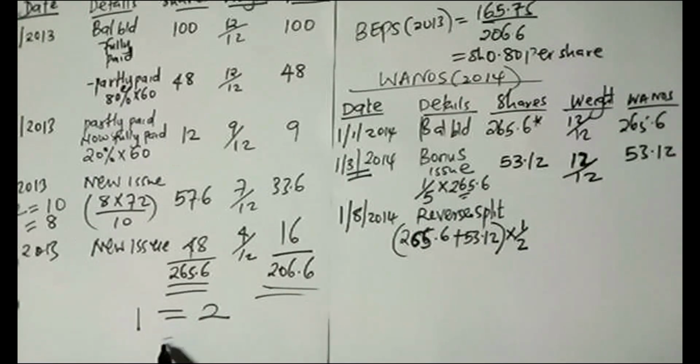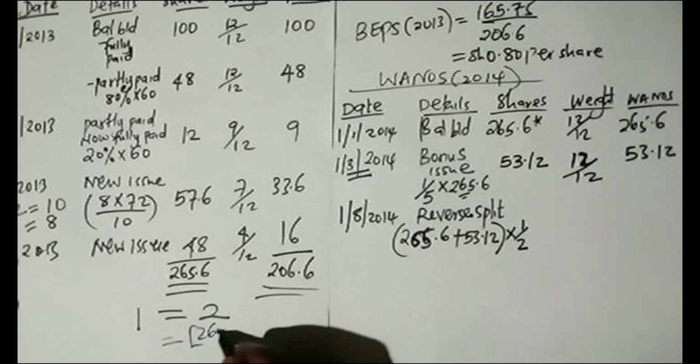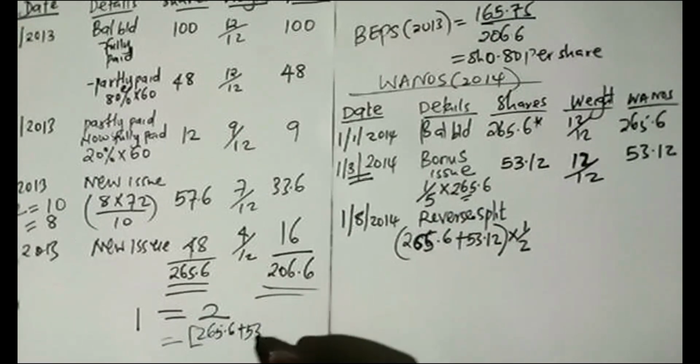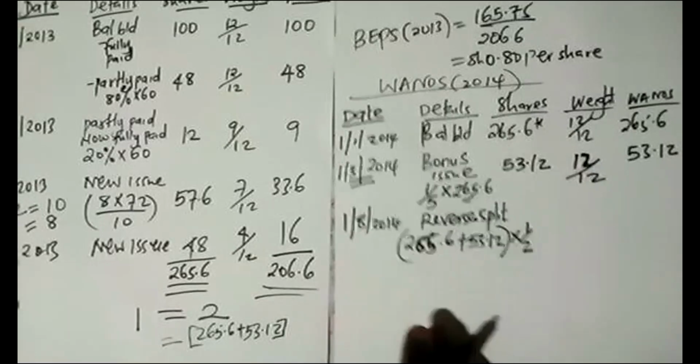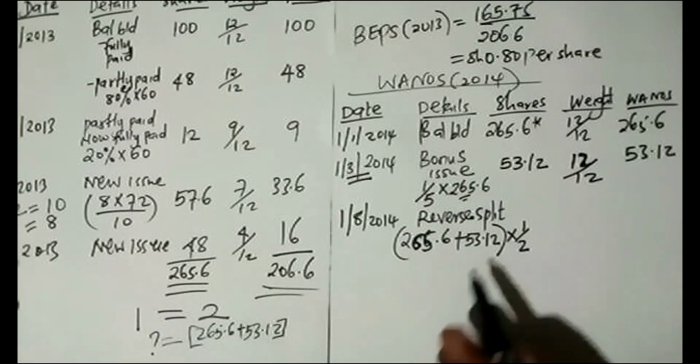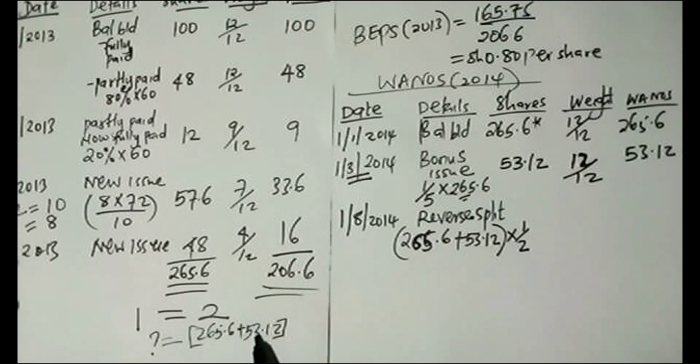And we know that the total which is there is 265.6 plus the 53.12. So that is what I have done here, like I have equated. So the total of 265.6 plus 53.12.